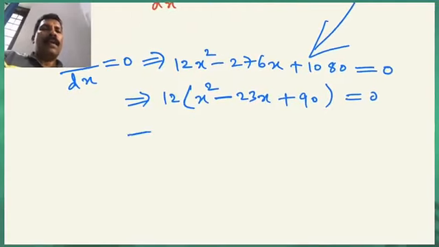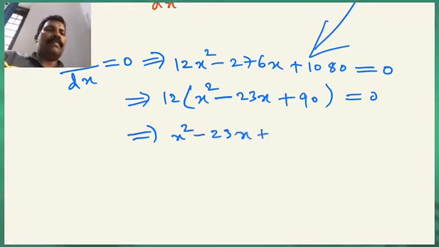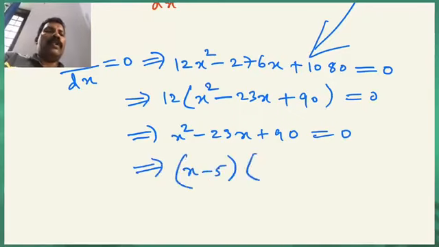That is, x squared minus 23x plus 90 equal to 0, which can be factored as (x minus 5) into (x minus 18) equal to 0.